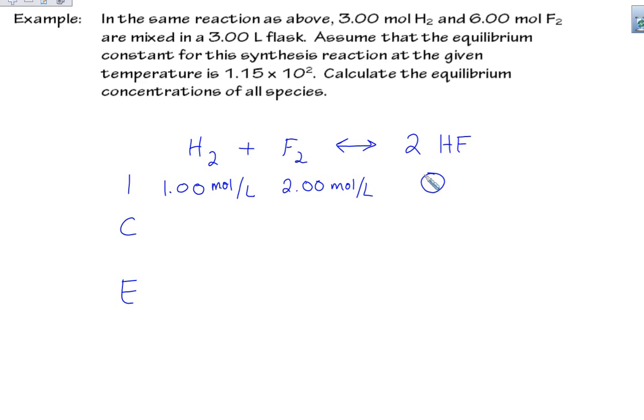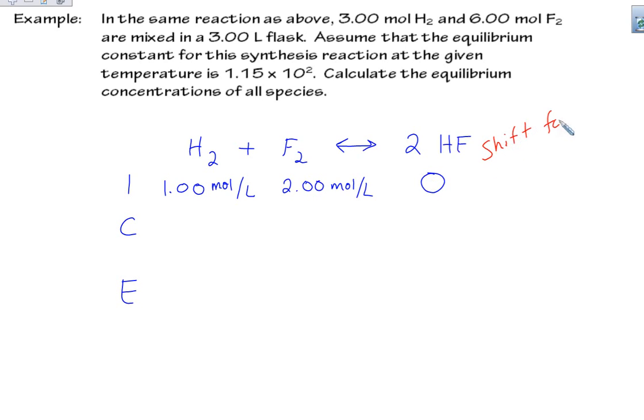Which then saves us the Q calculation. If we see a 0 in our initial data, we know we have to shift in that direction. You can't have any zeros at equilibrium. If this is going forward and reverse, there's got to be some of everything present. So we have to shift forward because of this 0.